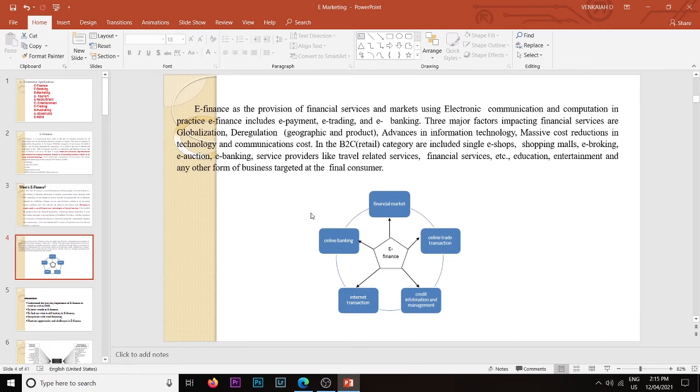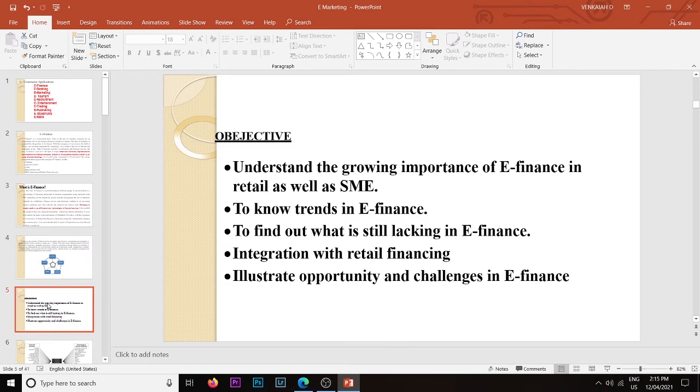Just look at the scope of e-finance: online banking, financial market, online trade transactions, credit information and management, internet transactions. These are the scope of e-commerce.